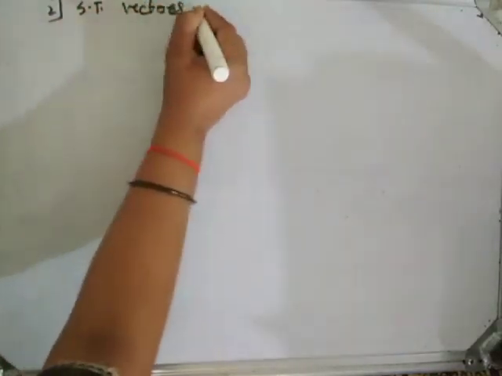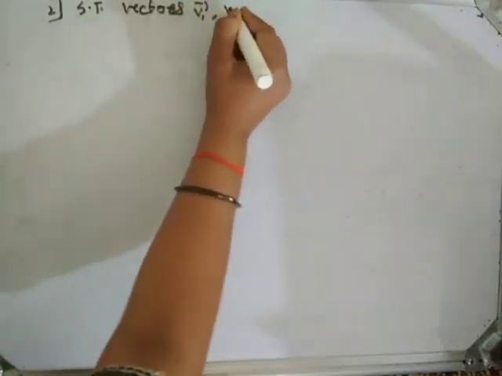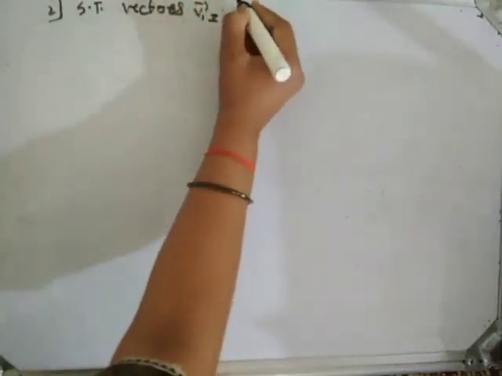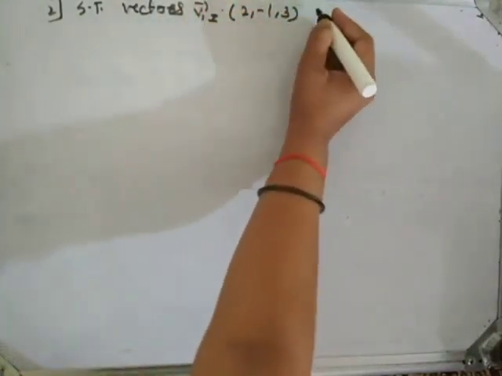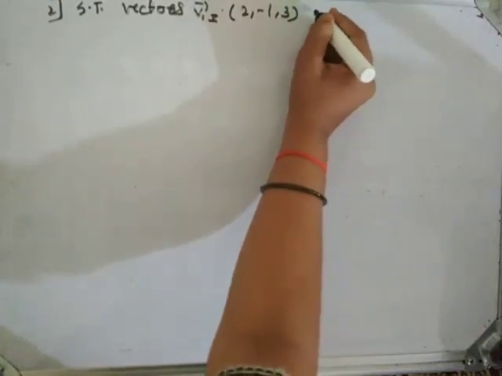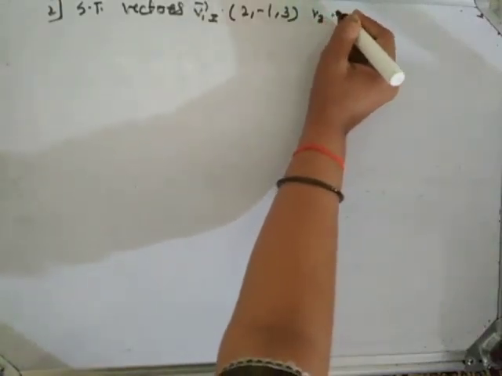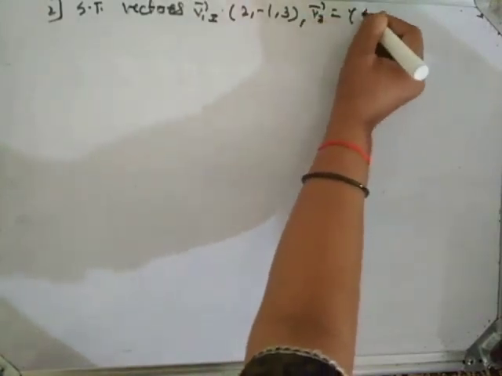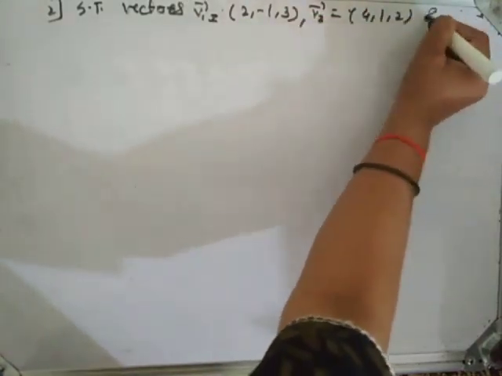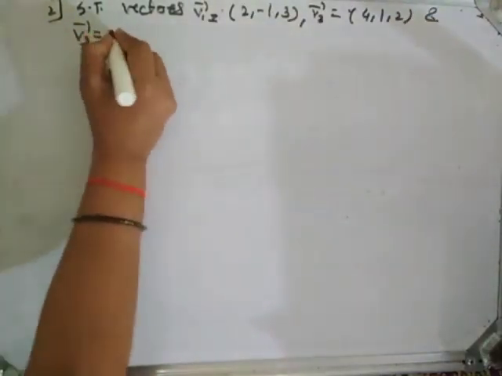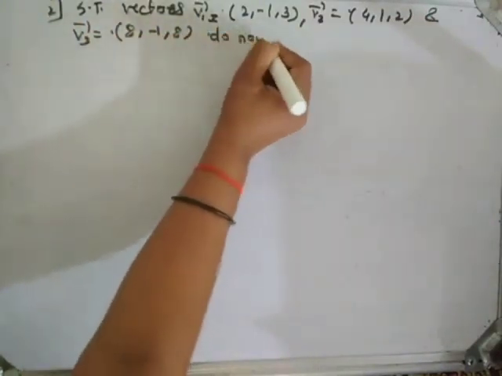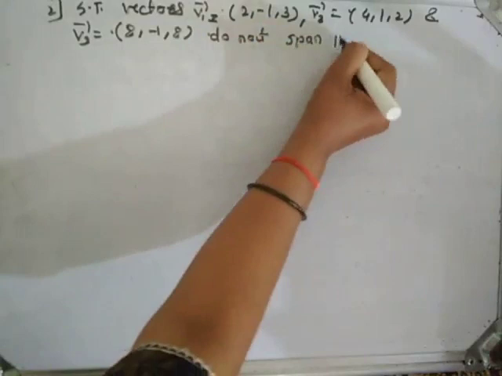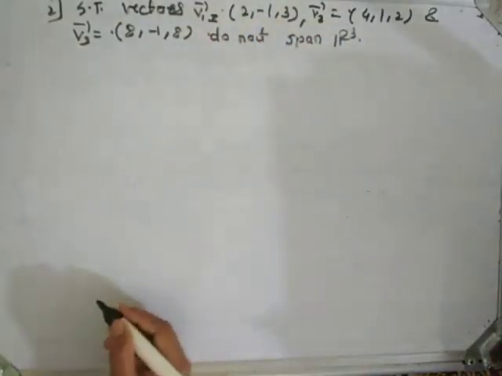Show that the vectors V1 bar is equal to (2, -1, 3), V2 bar is equal to (4, 1, 2), and V3 bar is equal to (8, -1, 8) do not span R3. Okay.